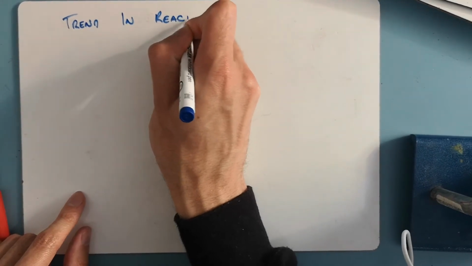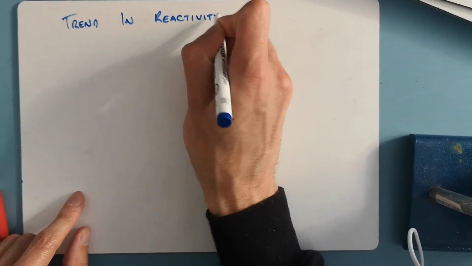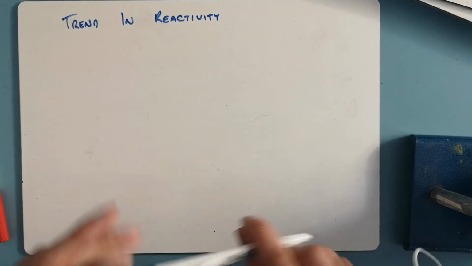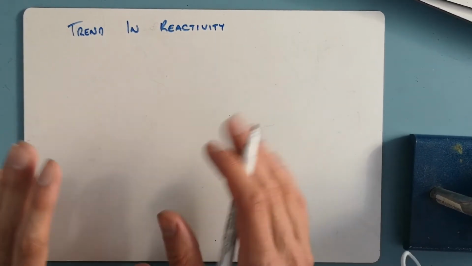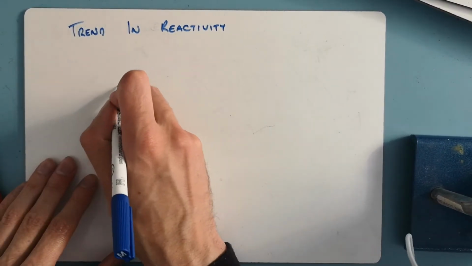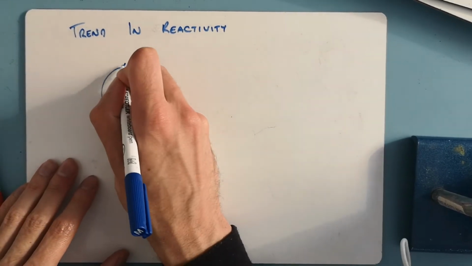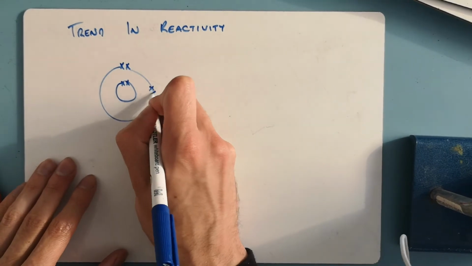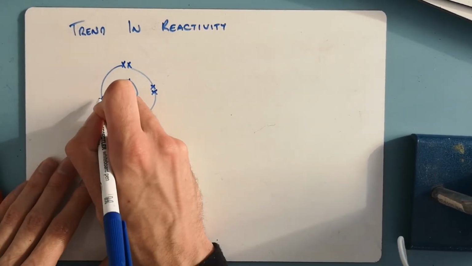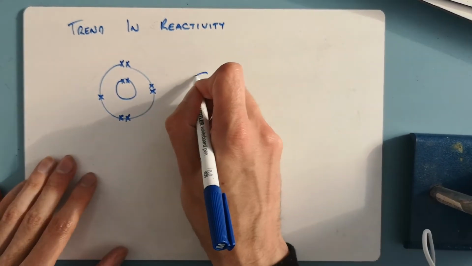So I'm going to use Bohr's model now to illustrate this. Now Bohr's model has its issues and its problems, but for this particular example, it works quite well. So if we compare, once again, fluorine to chlorine.